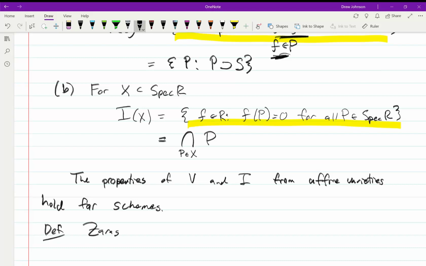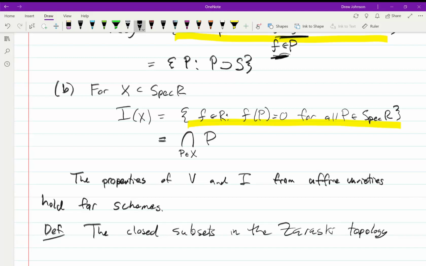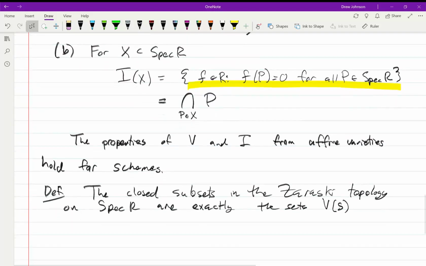Maybe you're familiar with it like this: the closed subsets in the Zariski topology on Spec R are exactly sets of the form V of S, where S is some subset of R.